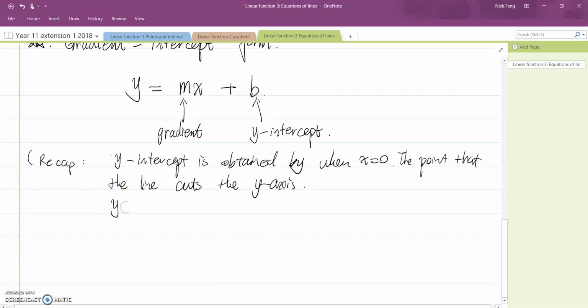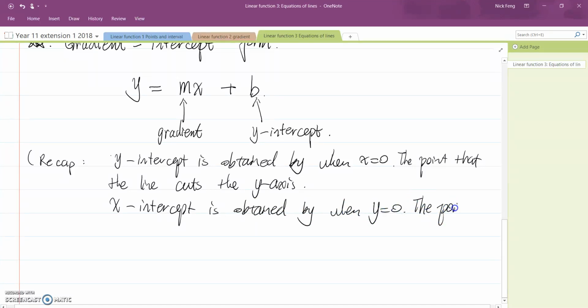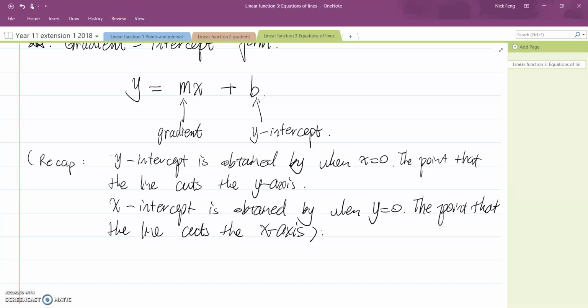On the other hand, the x-intercept is obtained when y equals 0. In other words, it's the point where the line cuts the x-axis. Again, on the x-axis, all the y coordinates equal 0. That's how we actually find it.